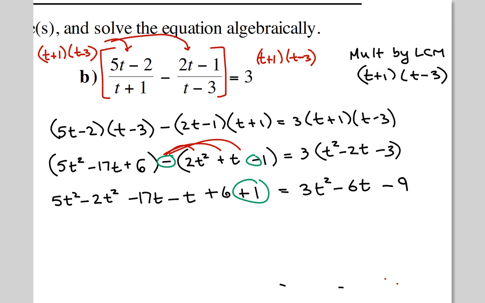Collecting like terms on the left, not touching the right, even though I could. Just take things slow and easy. And what do you notice again with the lead coefficients? They're going to end up canceling.